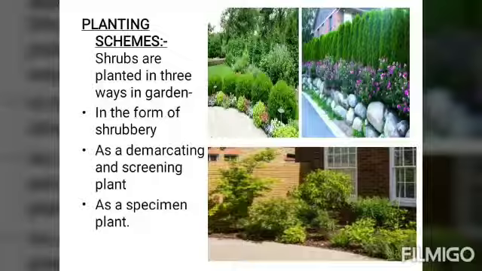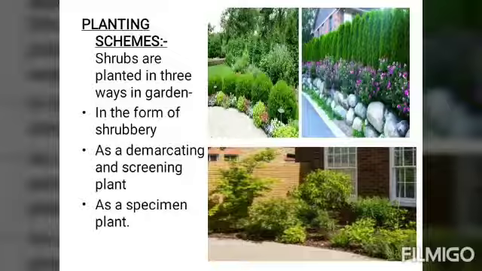Now we'll come to the planting scheme. Shrubs are mainly planted in 3 ways in a garden. Before these 3 ways, we have to keep in mind why nowadays they are planting shrubs.